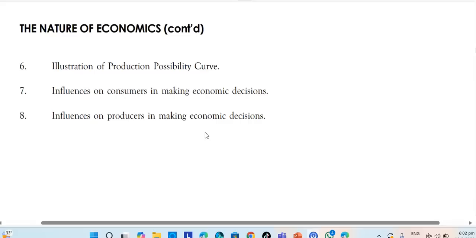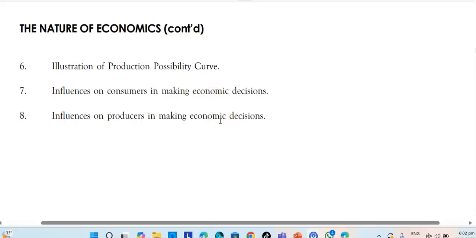So the marginal cost of the 101st chair is $1,010 minus $1,000. So you take on an extra $10 on your production costs. All right, so that is what marginal cost means. So the first influence on producers in making economic decisions is cost of production.